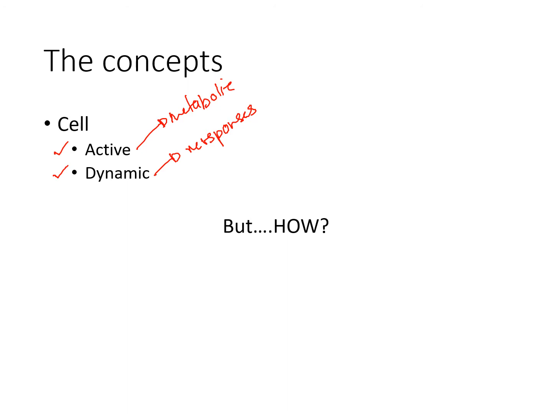But how can this be achieved by a cell? As I did mention before, they don't have any other sense like us. We do have eyes, we do have mouth, we do have ears, we do have nose. But for the cell, they don't have that.